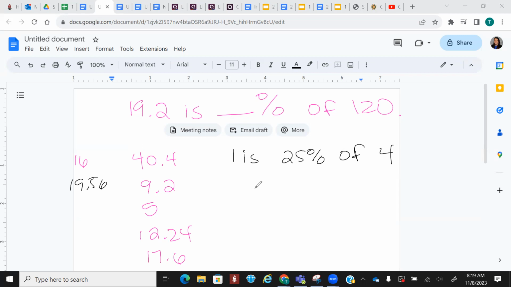A 1 is 25% of 4. How do we get that? It's a quarter of it. Okay, so we know that 1/4 is 25 cents. That's why we know that it's 25%. But why do we know that?